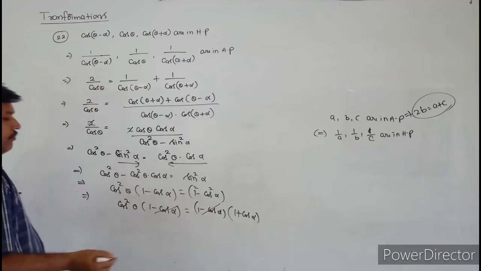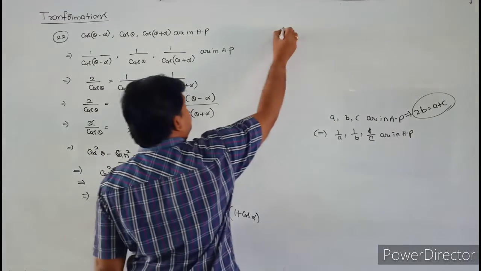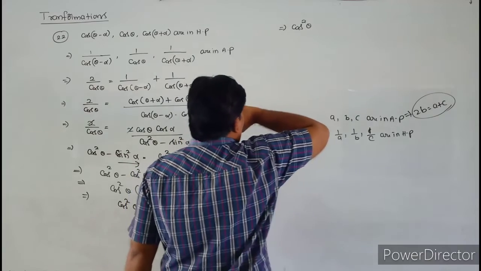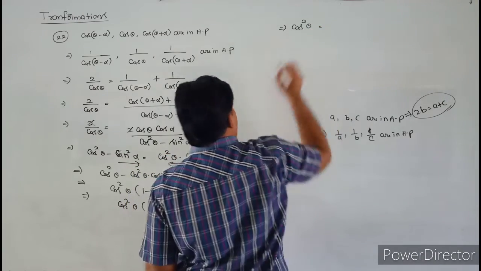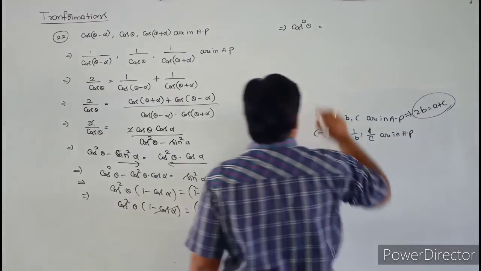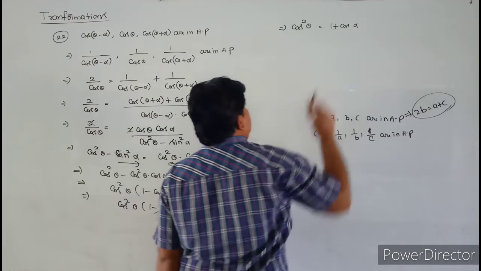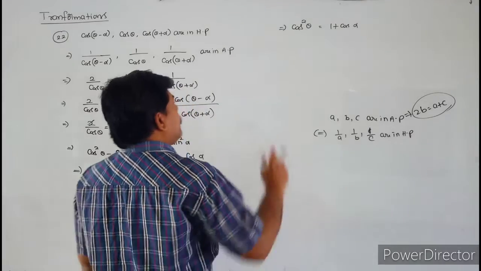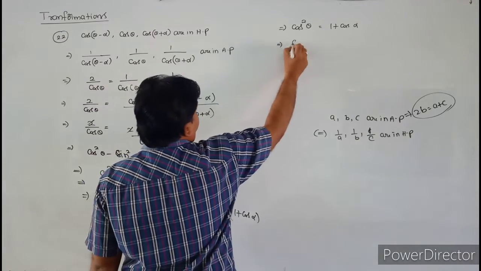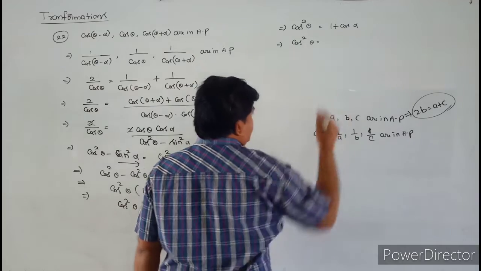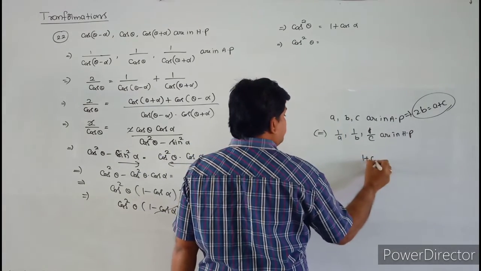You can write cos square theta is equal to 1 plus cos alpha. So that implies cos square theta is equal to 1 plus cos alpha. The 1 plus cos formula, we already know that.